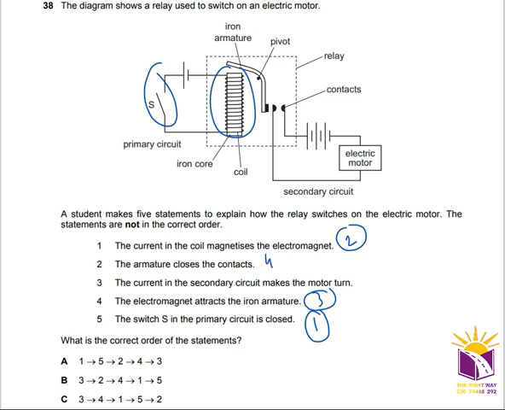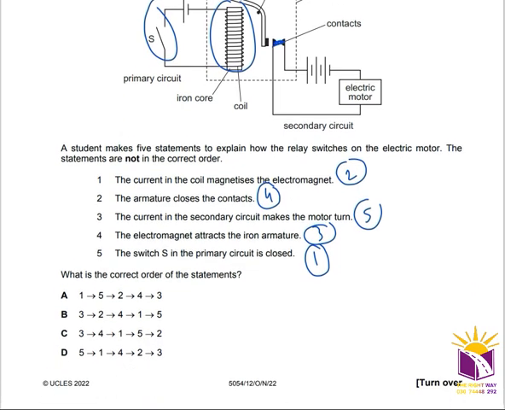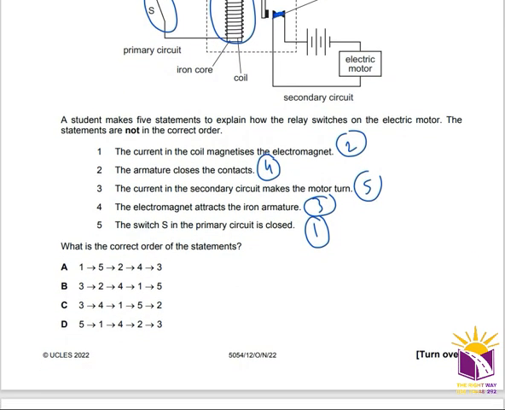This one is the fourth one. And the last one, the current in the secondary circuit makes the motor run. When this closes, the current is going to flow and the electric motor is going to start. So first of all fifth, then 1, then 4, then 2, then 3. So D is the right option.